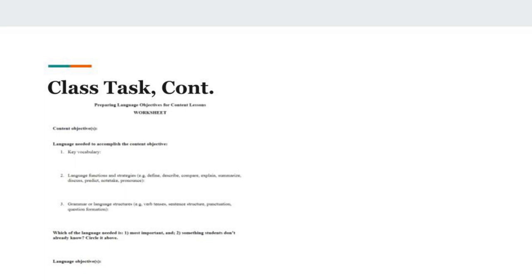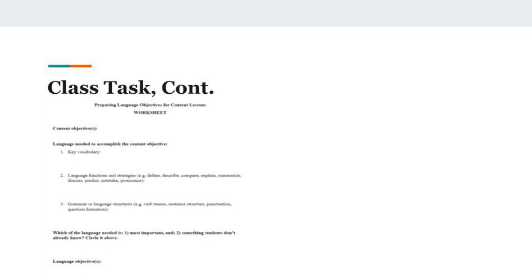step by step. So first you determine the needs. You talk about key vocabulary which is needed. You talk about language functions and strategies. You also talk about grammar or language structures. And finally, you also talk about the importance of these needs for the purpose of meeting the content objective.